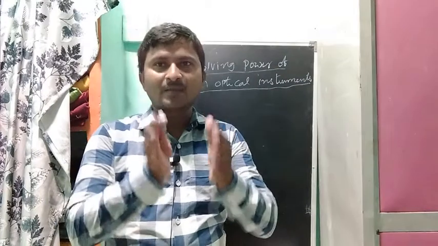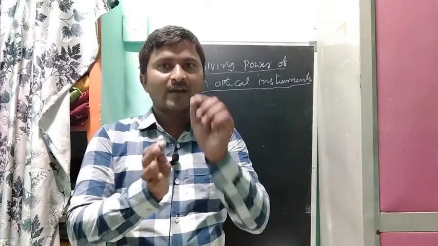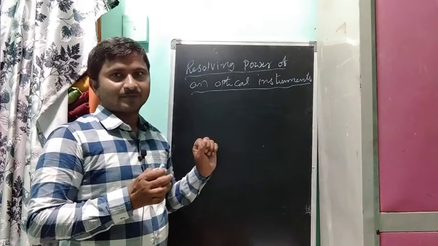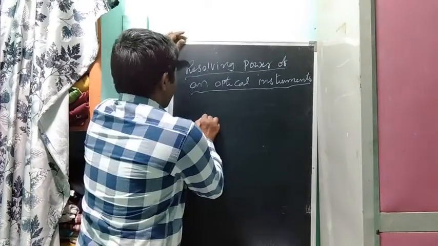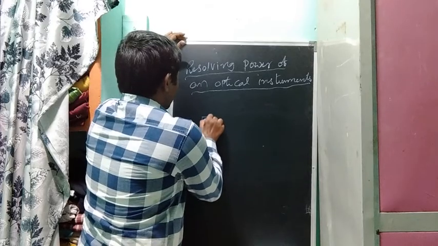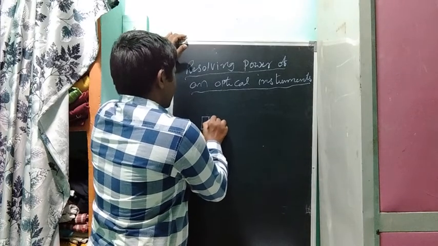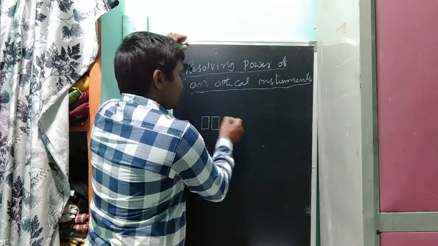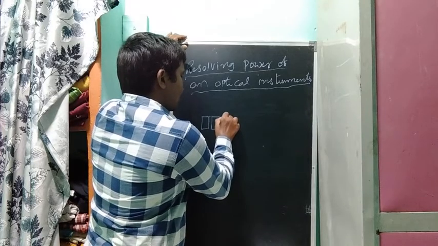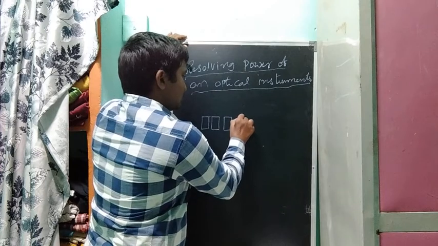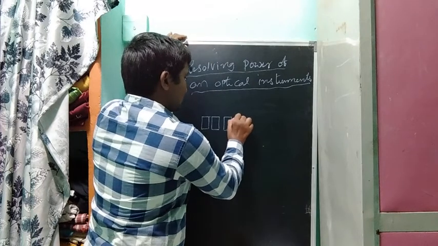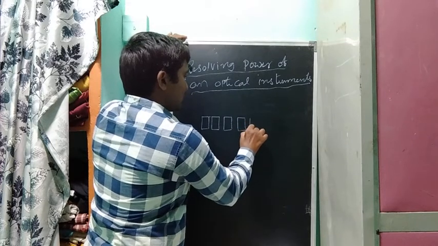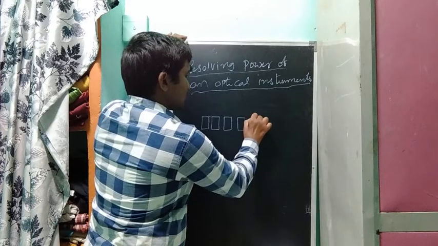We take several black strips of width 5 millimeters, and these black strips are pasted on a white paper in such a way that the distance between the first two black strips is 0.5 millimeters, the distance between the next two black strips is 1 millimeter, the next two is 1.5 millimeters, and the distance between the next two black strips is 2 millimeters, and so on.